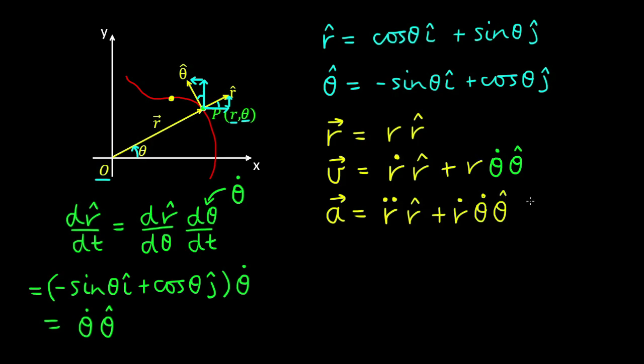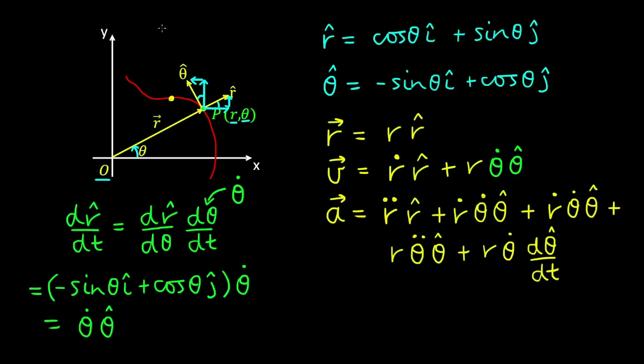And differentiating the next term, we get r dot times theta dot times theta hat, plus r times the second derivative of theta with respect to time times theta hat, and plus r times theta dot times d theta hat dt.